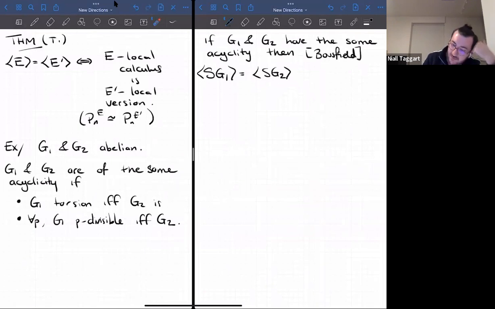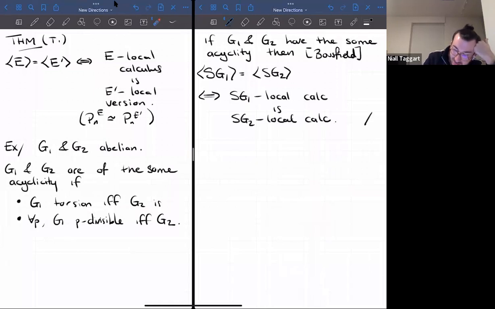So groups with the same acyclicity have Bousfield equivalent Moore spectra. And that's the same thing as saying that the calculus on these guys is the same. A little toy example, since it's a group theory audience, and I guess I will stop there.